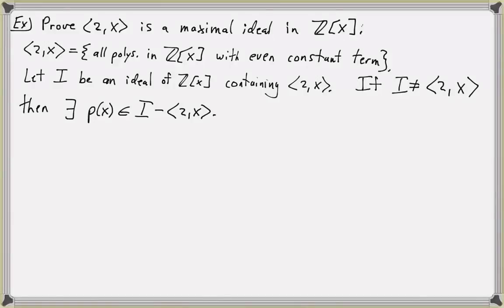If p of x is not in this given ideal, then it must have an odd constant term. So p of x has an odd constant term.